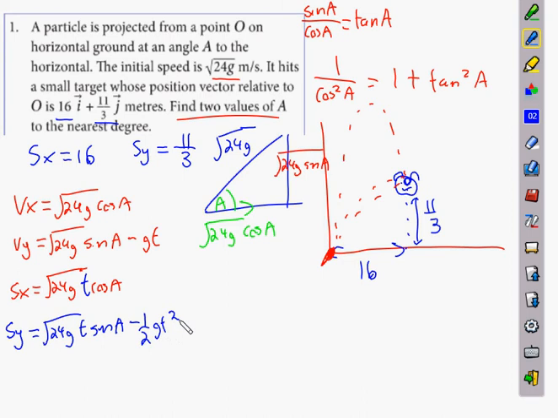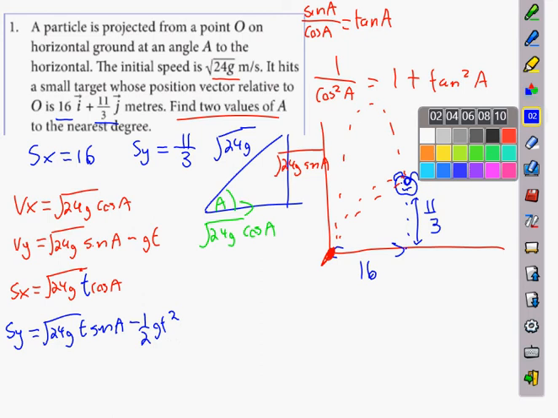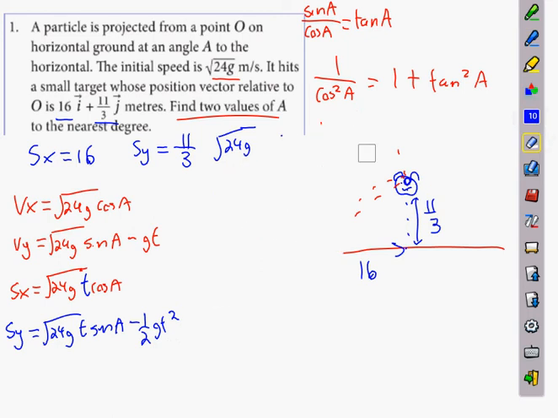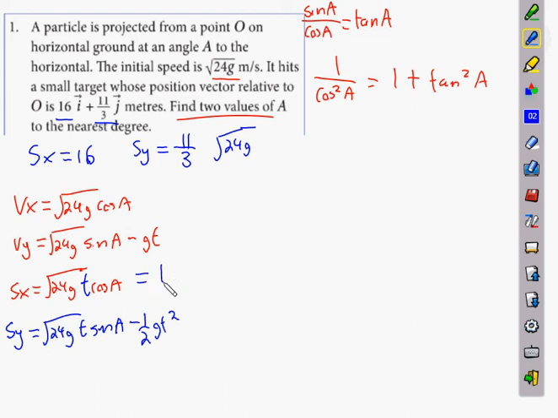We're going to use the bottom two and try and figure out what's going on here. So what we're going to start off with is that this one here equals 16 and the second one equals 11 over 3.